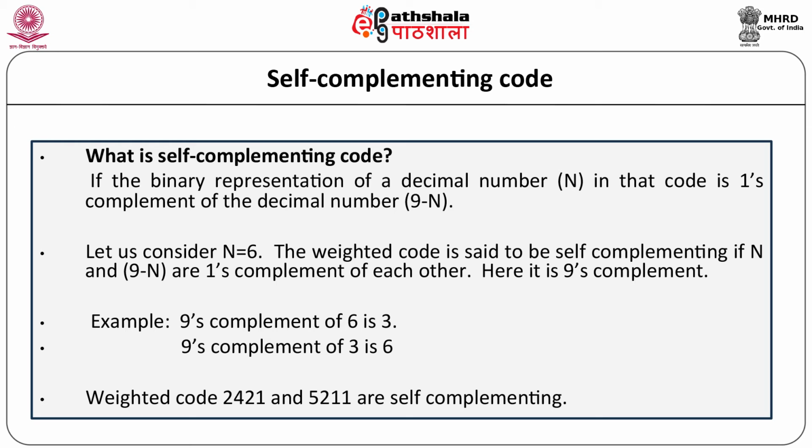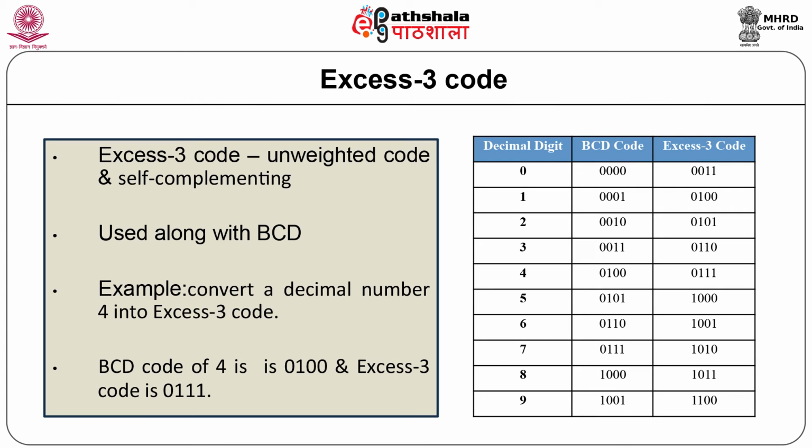Weighted code 2421 and 5211 are self-complementing code. BCD is not a self-complementing code. XS3 code is unweighted code as no definite weights are assigned to bit positions. This code is sometimes used with BCD code.